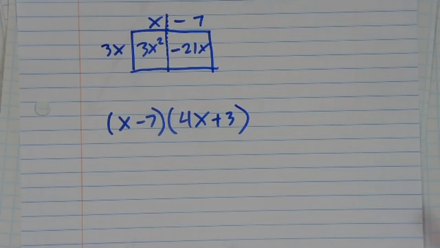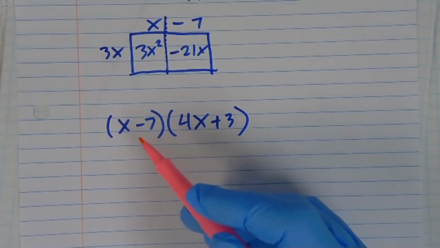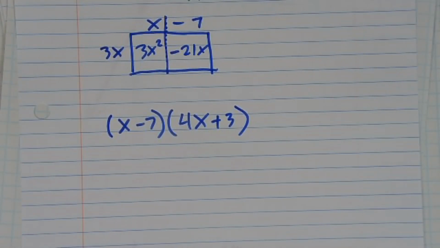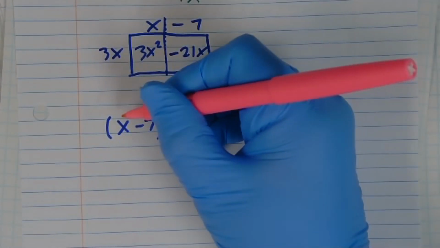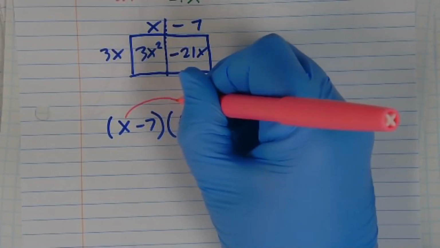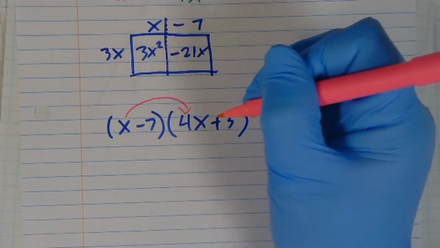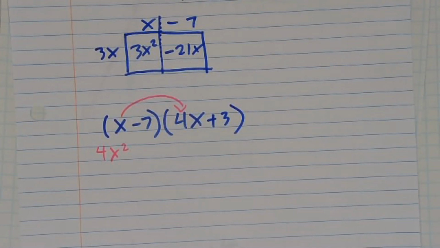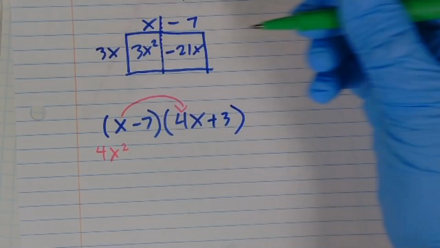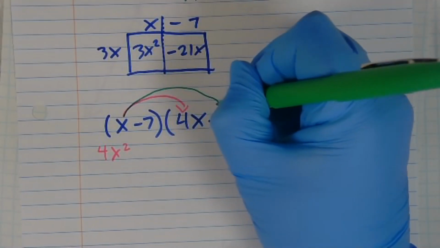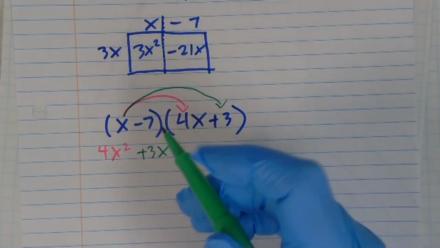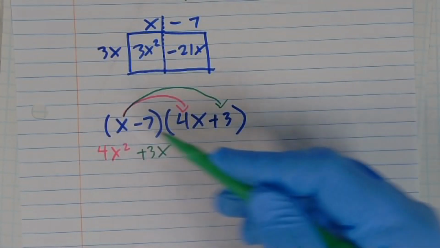So what I can do is multiply these by each other. I need to multiply each term in the first parentheses by each term in the second parentheses. I can do that just with arrows like this. x times 4x would be 4x squared. x times 3 would be 3x. Now I've considered the first term by each of the terms in here.